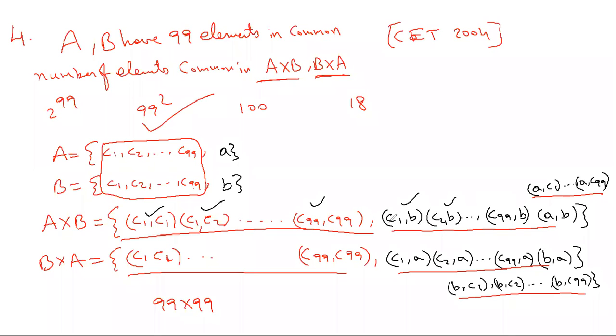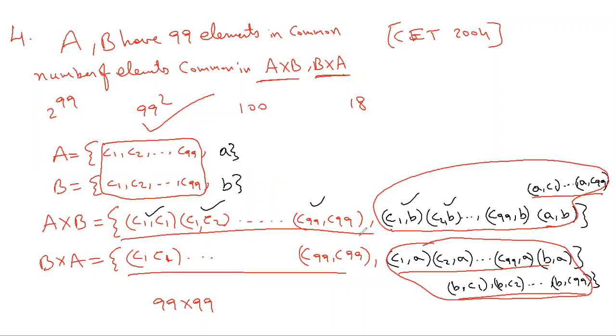Whatever you have, the extra ordered pairs in black color, you'll have the reverse of them here. But here you'll get the same. So this 99 into 99 are the only common elements. That's why the number of common elements is this.